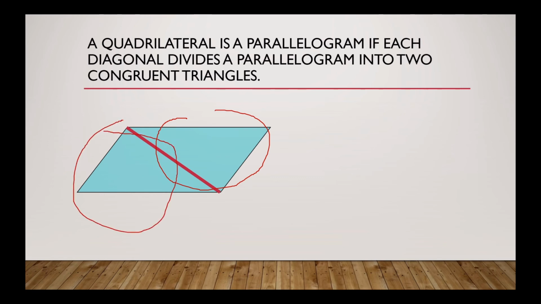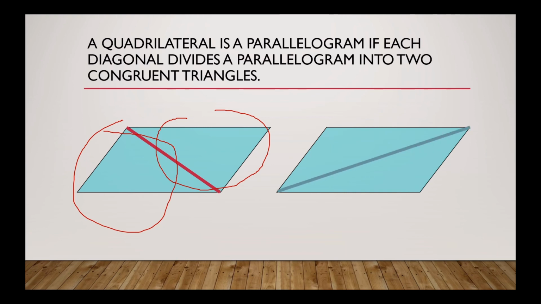So, if we have the other diagonal, then we can tell that this triangle is also congruent to this one. So that's the fifth condition wherein we can tell that the quadrilateral is a parallelogram if each diagonal divides a parallelogram into two congruent triangles.